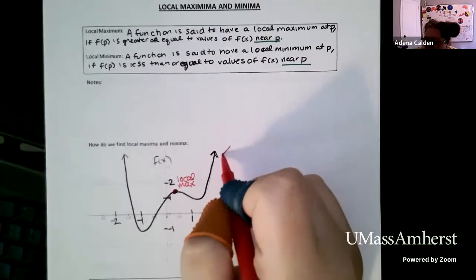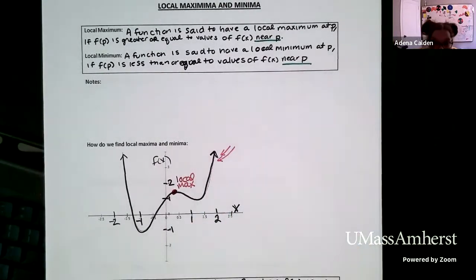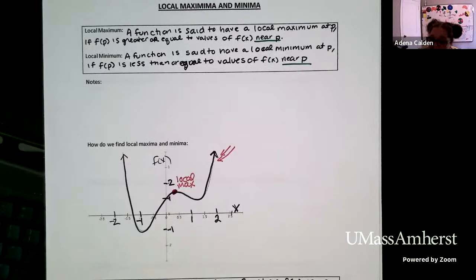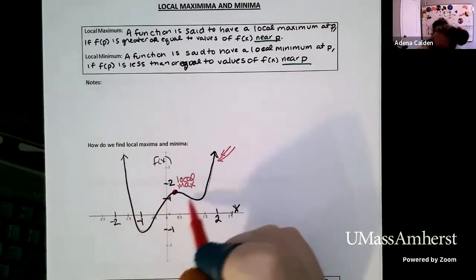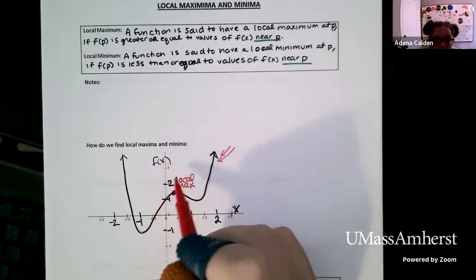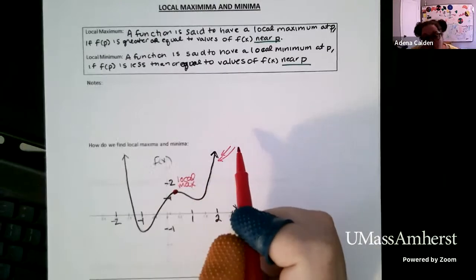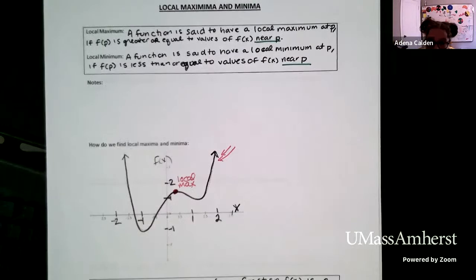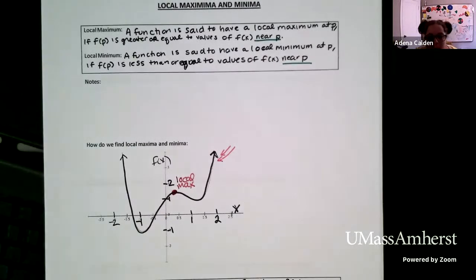There are points over here that are higher, but the local maximum is the highest point in this small area. When we talk about the highest or lowest point on a graph and we're not talking about a small area, that has a different name: global or absolute maximums and minimums. We're going to learn how to find those next week, so those are slightly different.